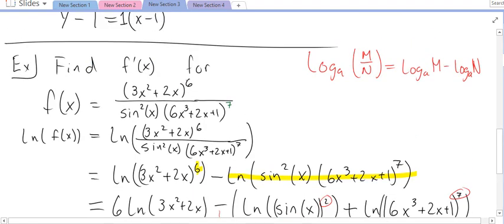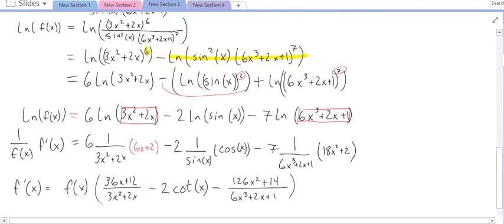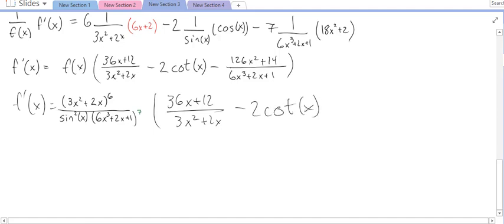So we would start back up with that original function that we had up here for f of x. So we get this expression here times this (36x plus 12) over (3x squared plus 2x) minus 2 cotangent of x minus (126x squared plus 14) over (6x cubed plus 2x plus 1).